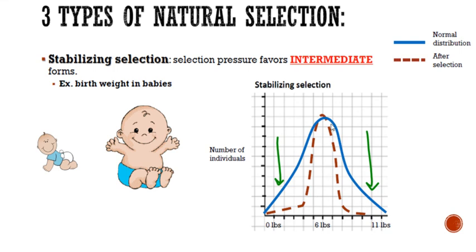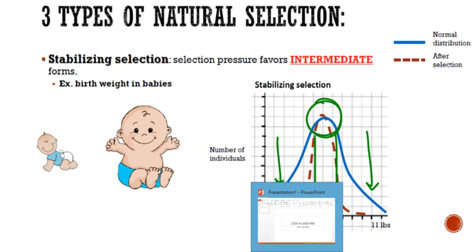So what ends up happening is we see a greater number of babies in that intermediate range that are basically from like 5 to 8 pounds. So that intermediate range is favored. That is stabilizing. The middle.